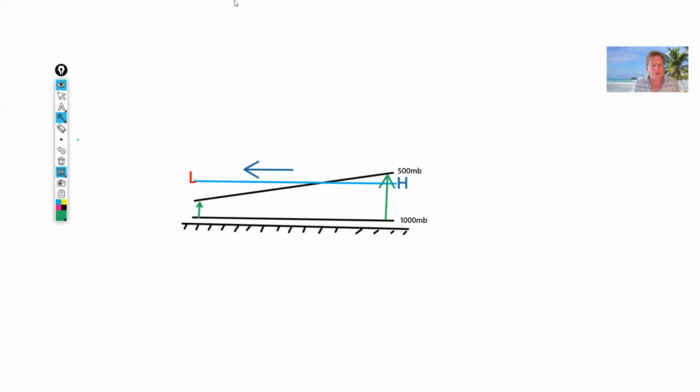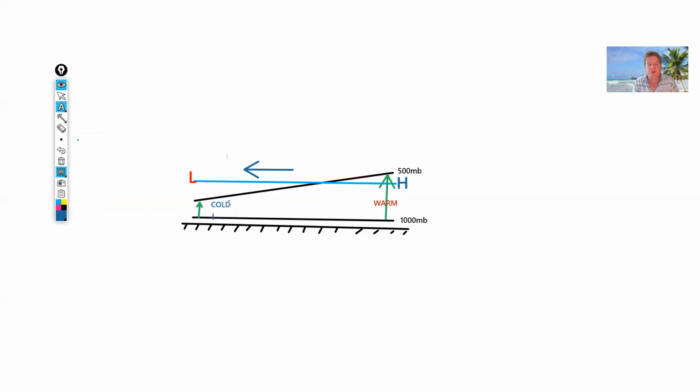And the reason for that is because the air over here is warm, and the air over here is cold. And we said that's the thickness relationship. The thicker, the warmer, over here.